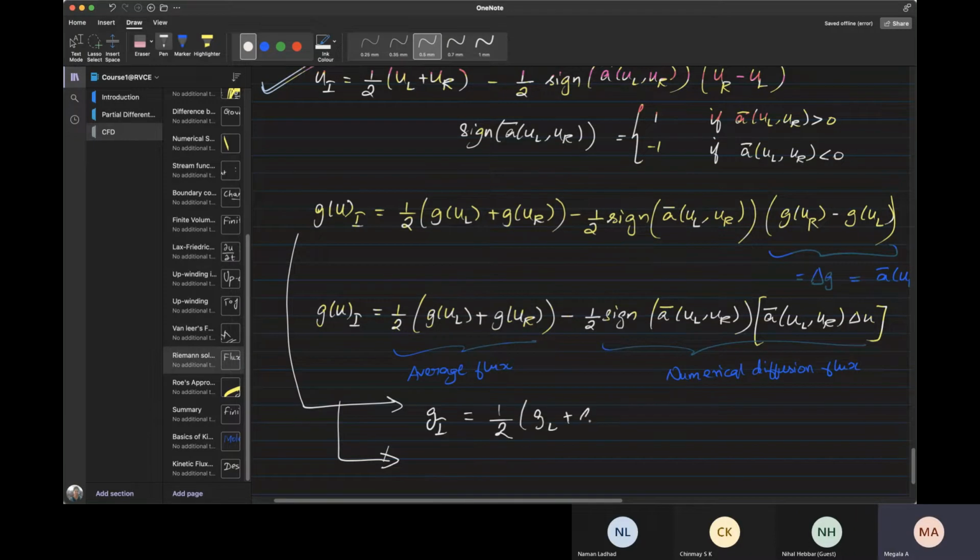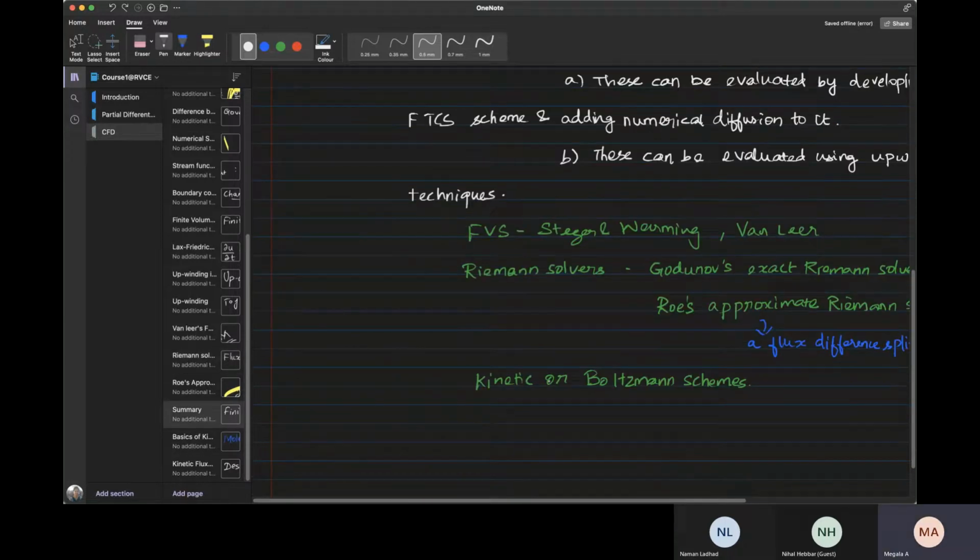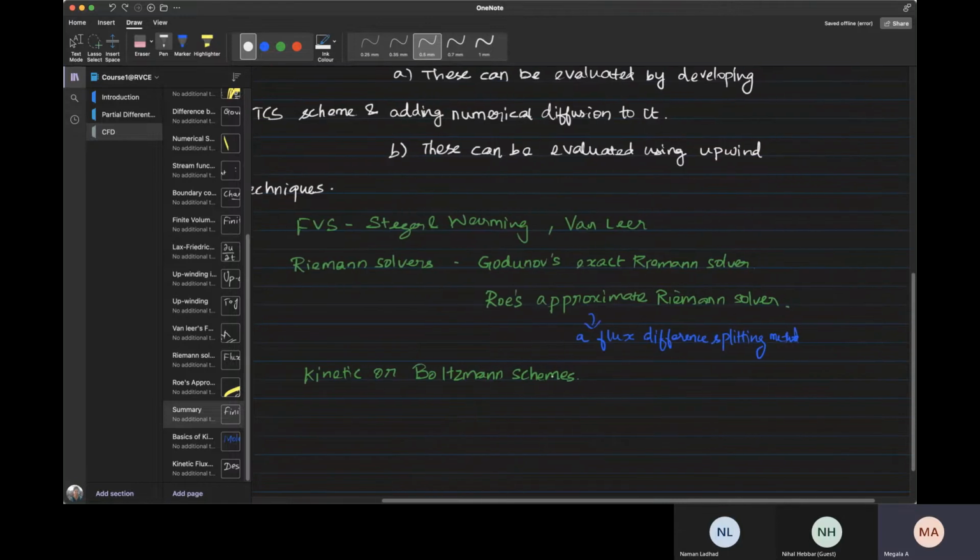So you have average flux, which can sometimes be negative and sometimes be positive. Depending on your sign, this equation is split up into two different equations, and this sign essentially splits this flux difference only. Sometimes the flux difference is going to be positive. So this method is also known as the flux difference splitting method. Roe's approximate Riemann solver is essentially a flux difference splitting method.